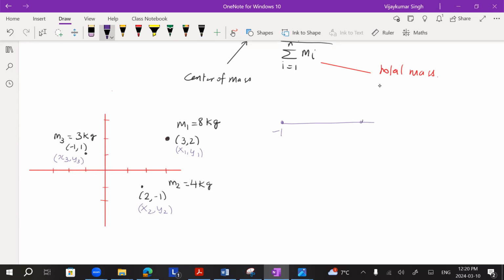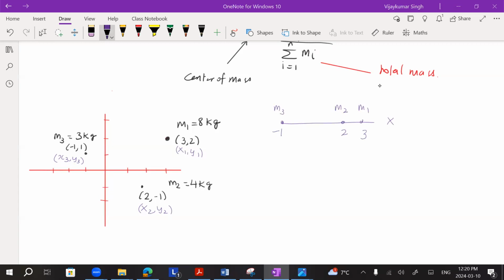So we're going to write down the x coordinates: M1 is at 3, M2 is at 2, and M3 is at minus 1, with whatever related weights they have.